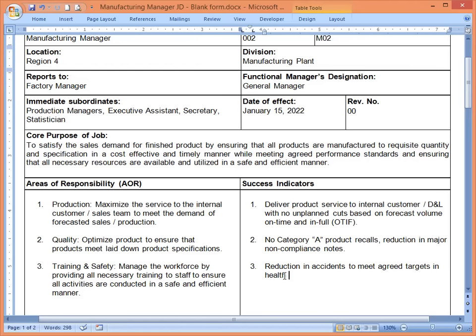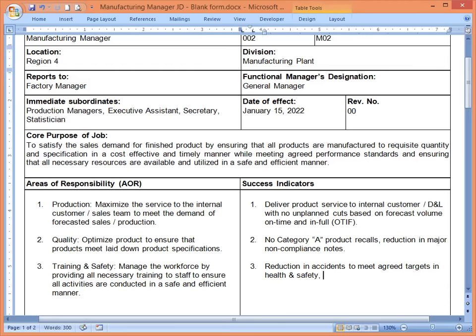So whether you like it or not, once in a while you will experience accidents, physical injuries. But as a manager, this is part of your area of responsibility. You have to ensure that all the hazards and risks are adequately managed in the workplace, to avoid accidents, to avoid injuries.